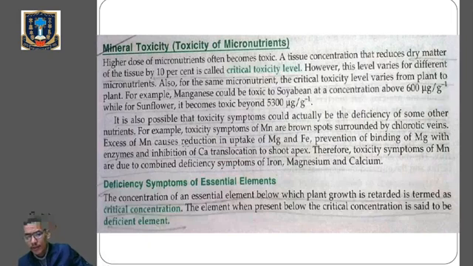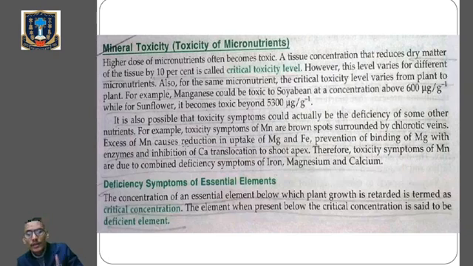A tissue concentration that reduces the dry matter of the tissue by 10% is called the critical toxicity level. However, this level varies for different micronutrients.